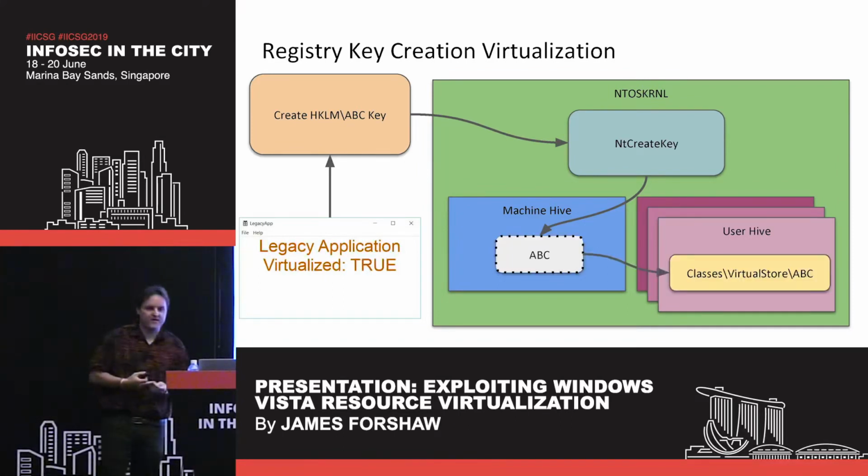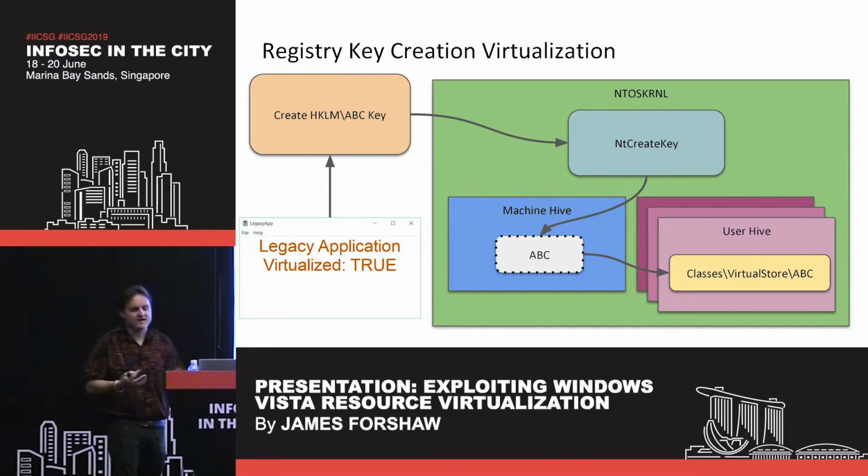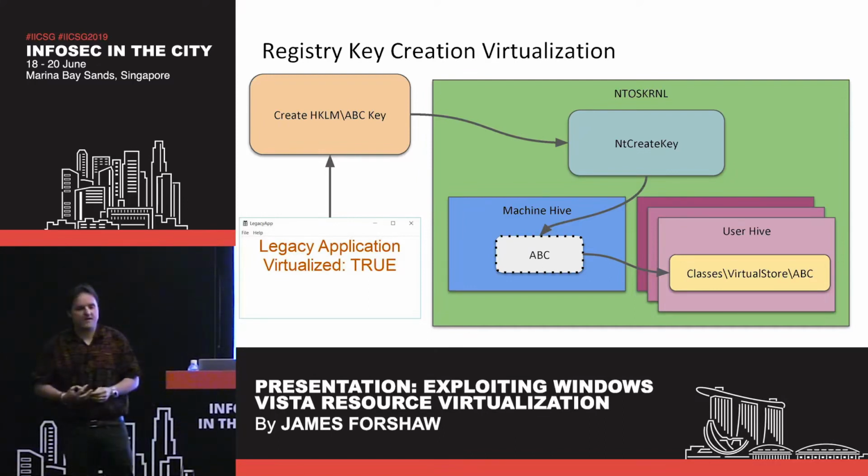So what registry virtualization does is, if you've got this turned on and you try and create that ABC key in local machine, at least in the default sense, it will go, okay, I can't create it in the machine hive. I tried, it gives me access denied. So instead, I'm going to redirect that access to the user's virtual store and then create it in there.